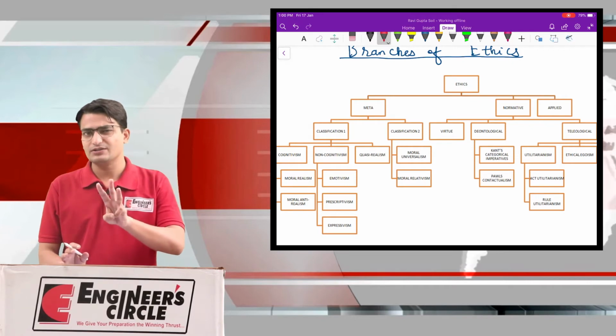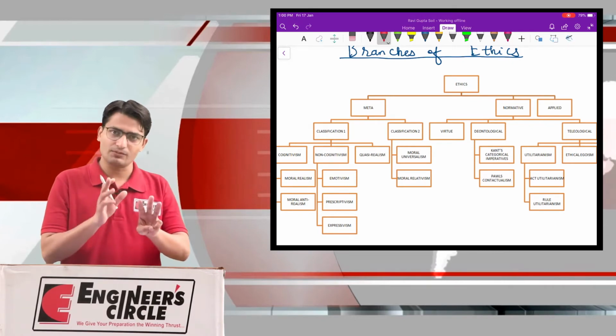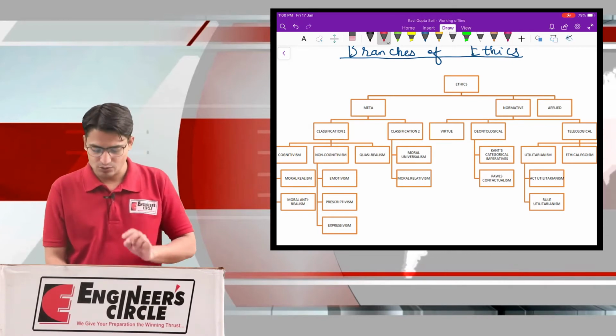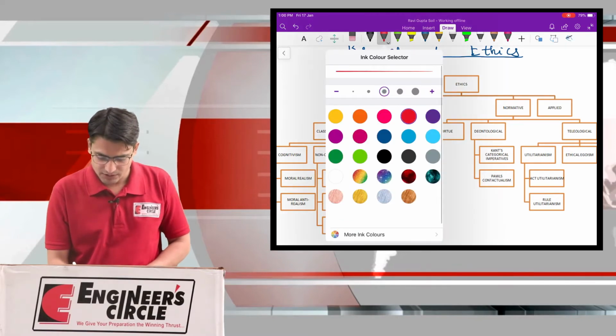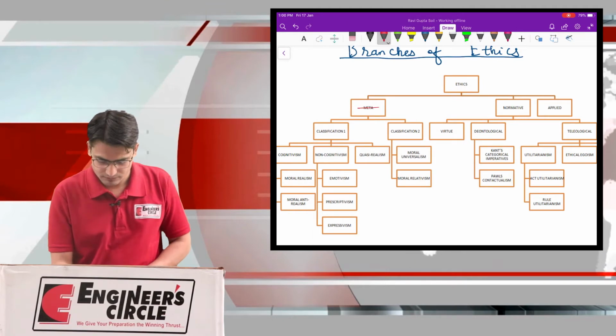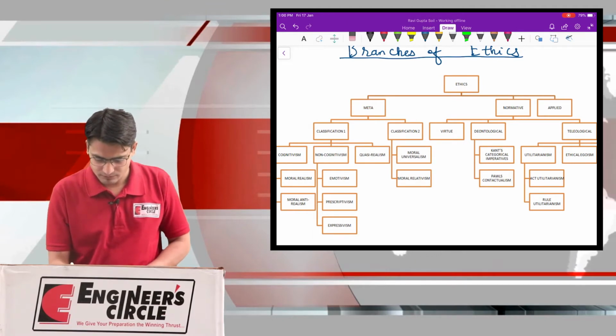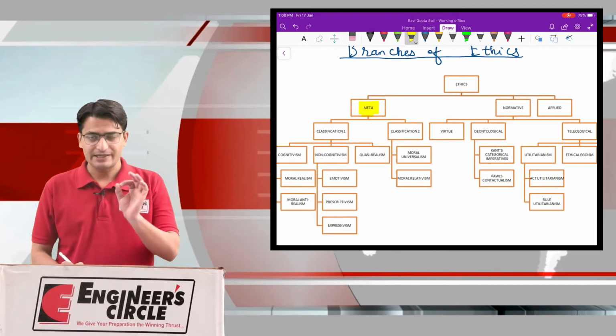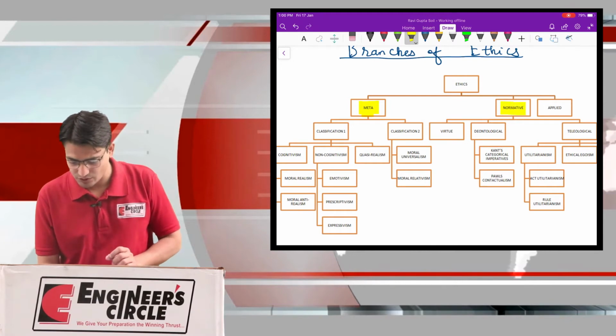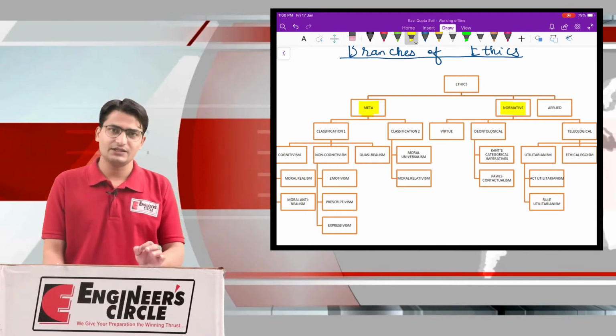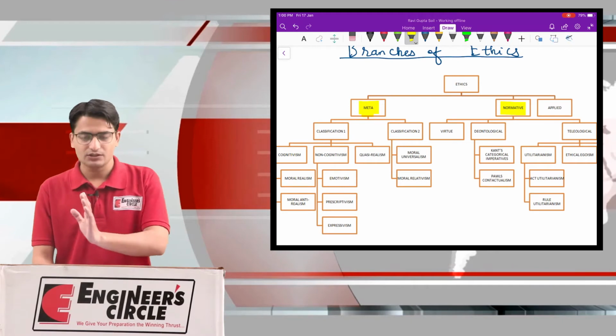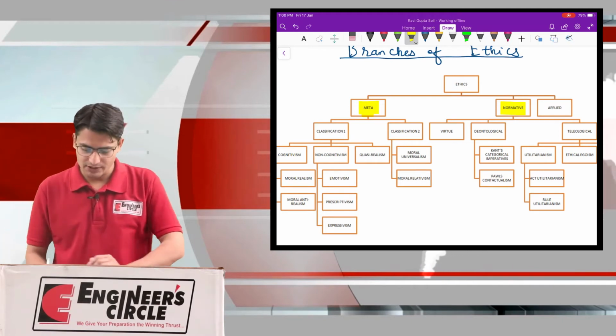Mainly there are three parts, but if we are talking about theory, then mainly there are two parts. One is meta-ethics, and the second one is normative ethics. The third one is applied ethics. We will talk about it later.